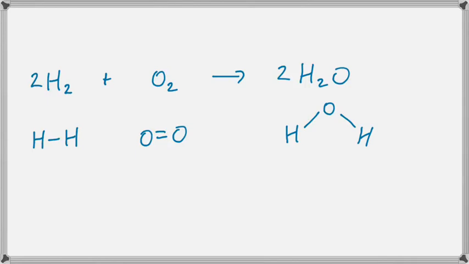So in order to change this around, I have to break all of those bonds. These have to break because there's no oxygens bonded to oxygen over here on the product side in water, and there's no hydrogens bonded to hydrogen. So these bonds have to break.